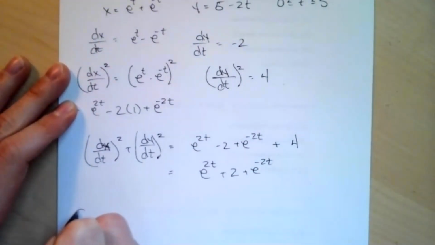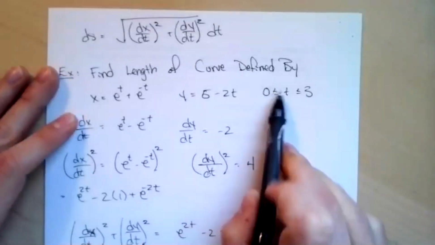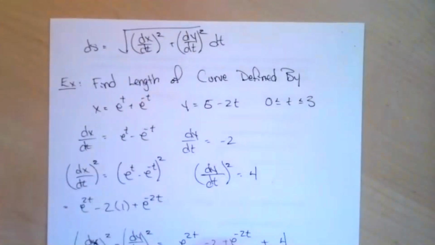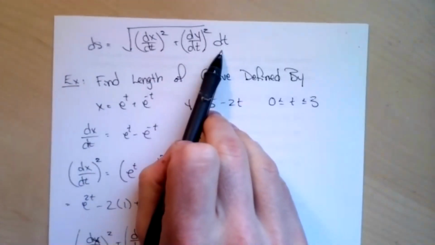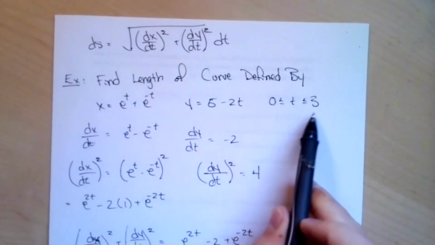And so now when we want to find our arc length, nicely enough, the bounds are 0 to 3. So always keep in mind that since we are now integrating with respect to time, the bounds have to be time bounds. So be careful if they give you points.